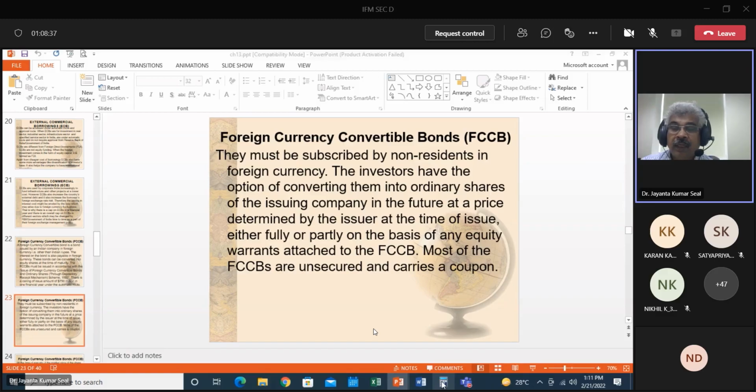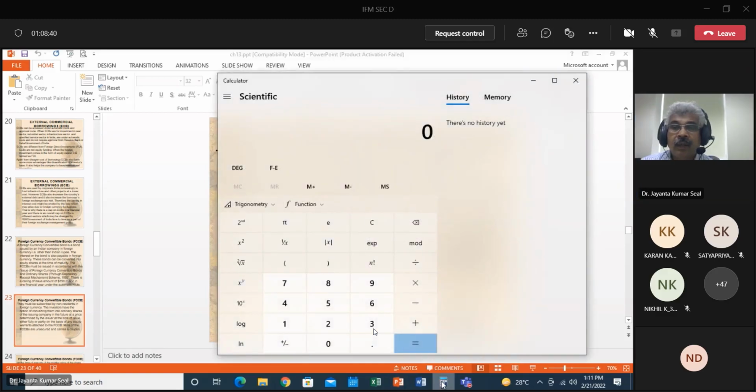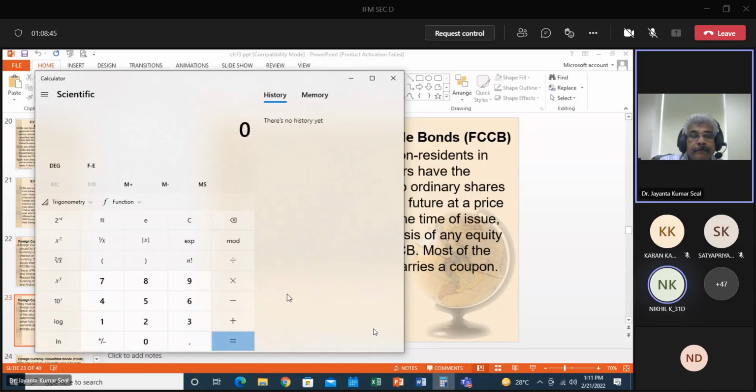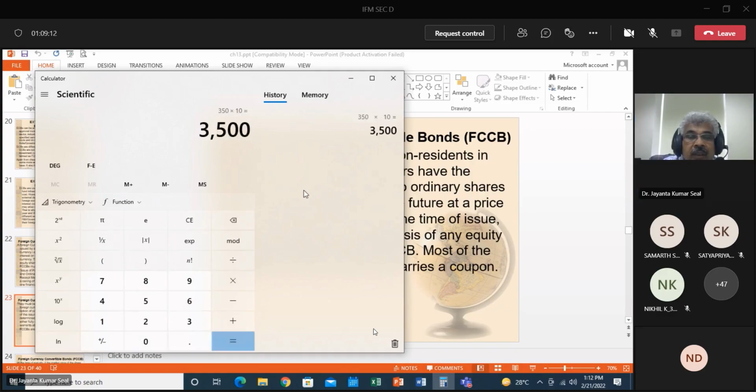Suppose at the time of conversion after 3 years, the market price of each share is say 350 rupees. You will be getting 10 shares. So what is the market price of 10 shares which you are getting? 3,500. Any question? No, sir.